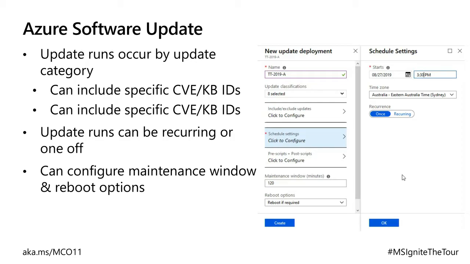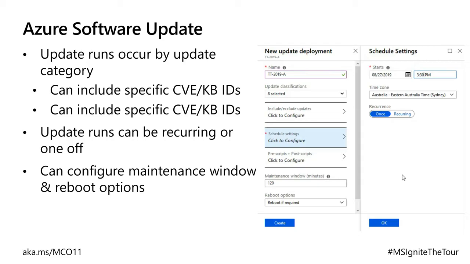Now, update runs. They run by update category. So what you do is you configure it and you say, right, I'm going to automatically approve all updates of these categories. So you're not going through and manually ticking off this one, ticking off that one, and ticking off that one. What you're doing is saying, if this is a critical security update, go and deploy it.